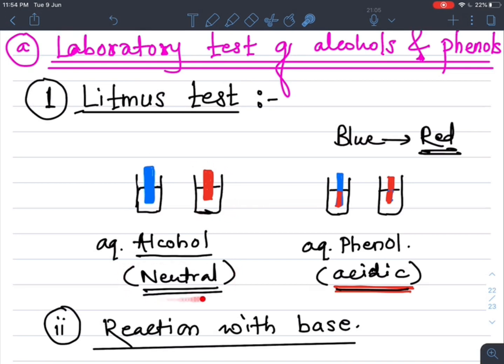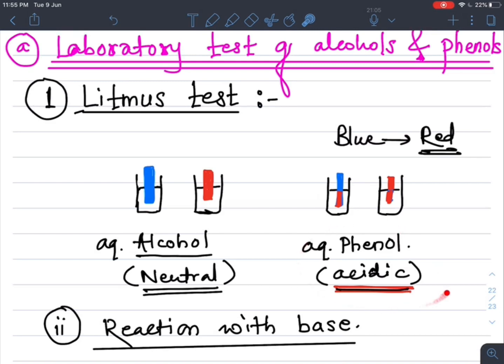Phenols, if we dip blue litmus paper in the aqueous solution of phenol, change its color to red. That change from blue to red shows the acidic nature of phenol. So these are the litmus tests with alcohol and phenol.